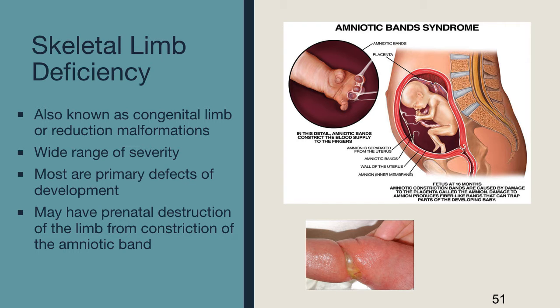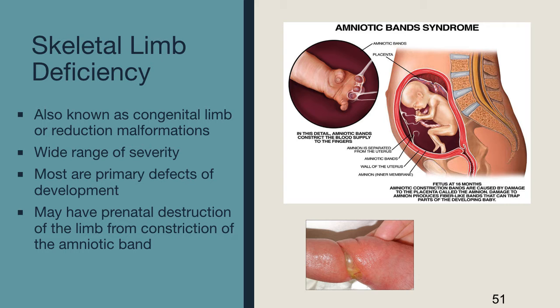develop normally. But there is a form of skeletal limb deficiency that is related to constriction with an amniotic band. And so what happens with amniotic band syndrome is that the amnion, which is part of the placenta, becomes disconnected.